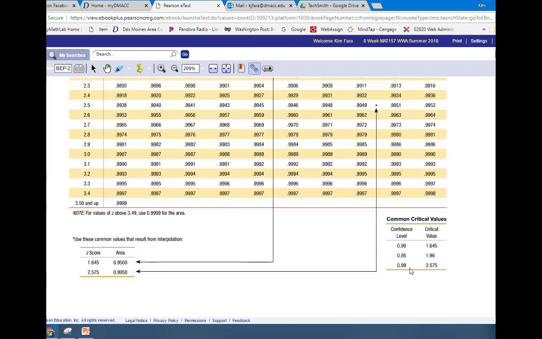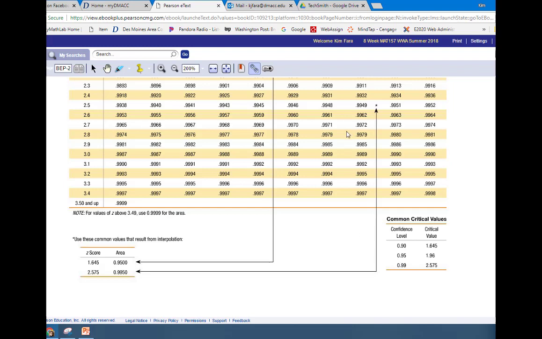So we need to figure out what our critical z is. So what happens here is our critical z, if it's 98%, that's 2% outside of our limits, and that means 1% is going to be in the top tail and 1% in the bottom tail.